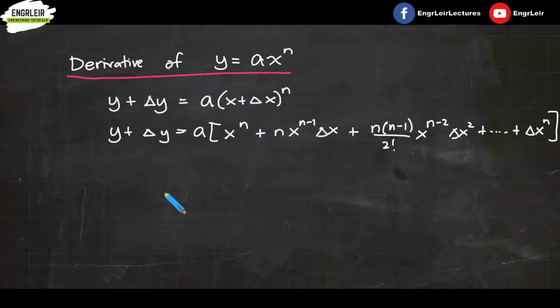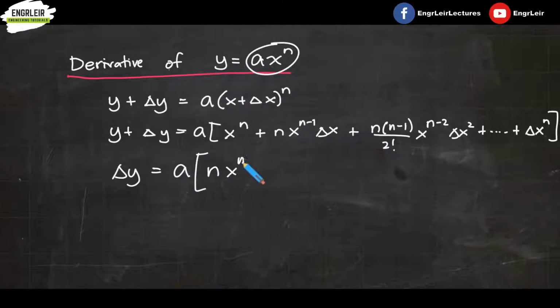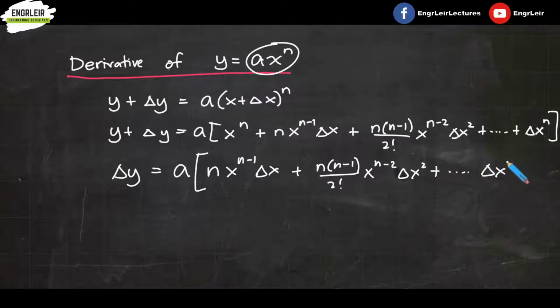Second step, we subtract yung original function natin, y equals ax raised to n, dito sa bago nating form. May increase. So we have delta y is equal to, makikita nyo, ang masusubtract lang naman yung ax raised to n, mawawala lang itong unang term ng binomial expansion. So what we're left with is a times n x raised to n minus 1 delta x plus n times (n minus 1) over 2 factorial x raised to n minus 2 delta x squared, and so on hanggang sa delta x raised to n.